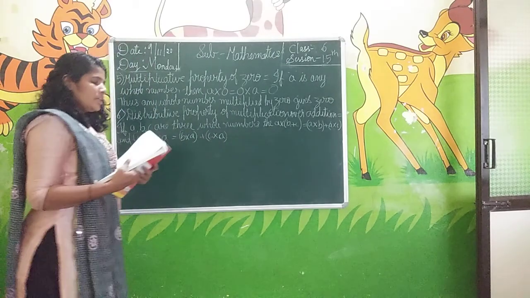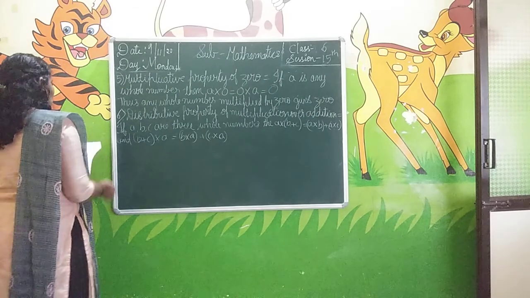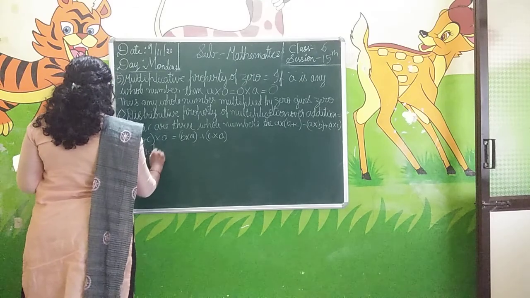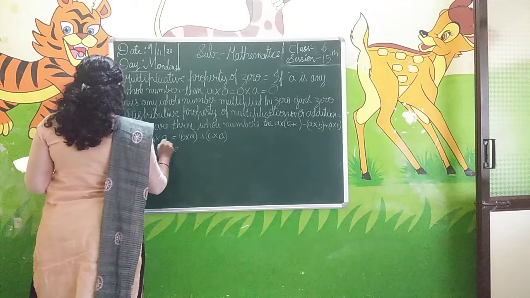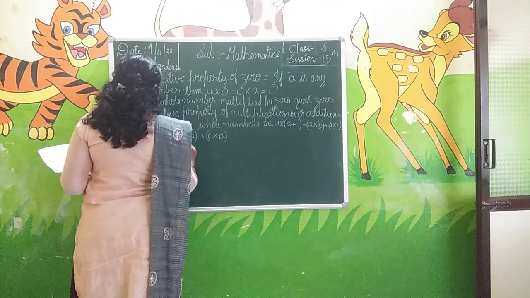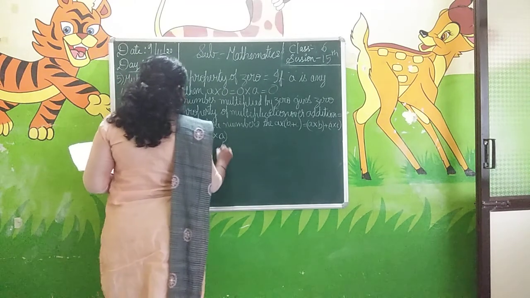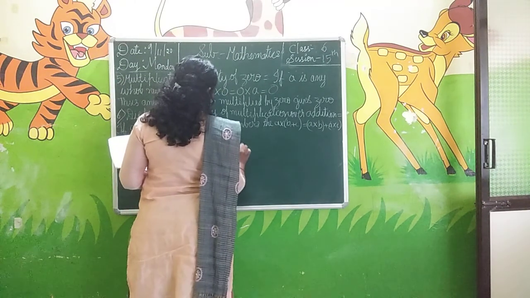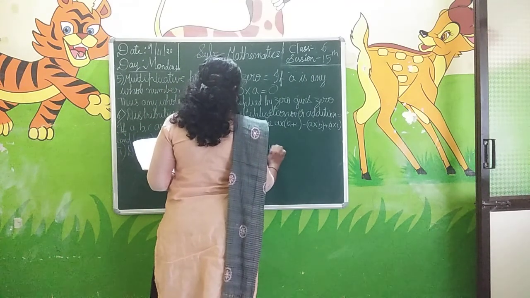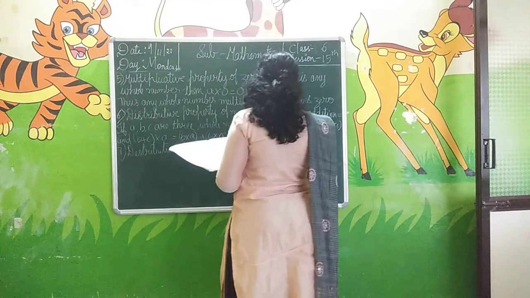Next, when you get into subtraction, that is the distributive property of multiplication over subtraction.